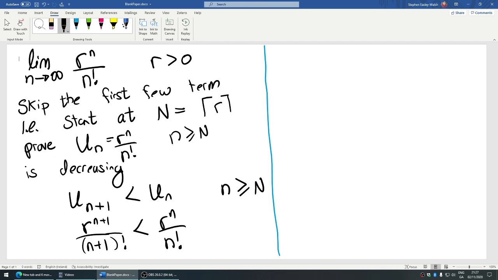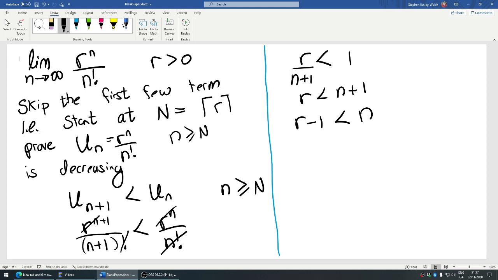Doing a bit of cancelling here, you're left with r over n+1 is less than 1. So that would mean that r is less than n+1, or that n is more than r minus 1.